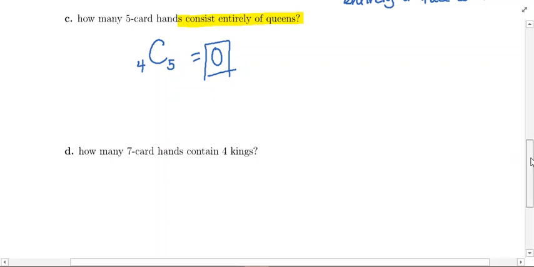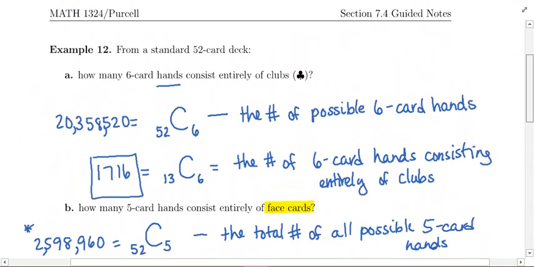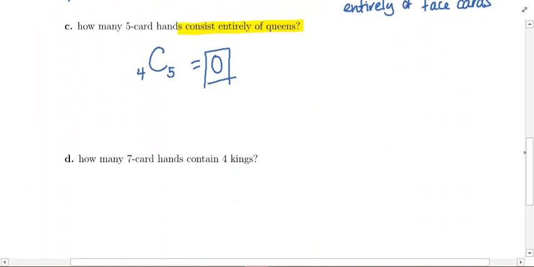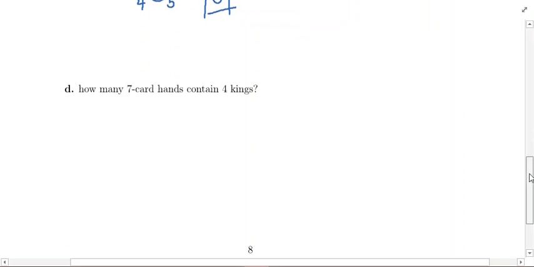Remember, at the very top it says a standard 52-card deck, and a standard 52-card deck only has 4 queens. So how can you have a 5-card hand with all queens? That would imply there would have to be a 5th queen, which there's not. So the answer here is indeed 0. That makes sense.